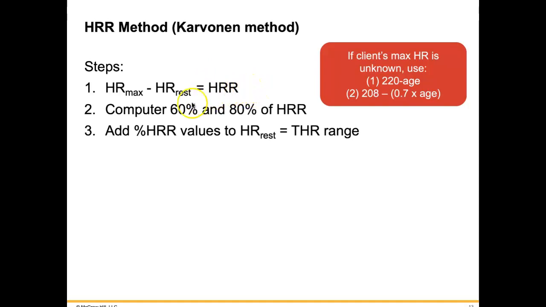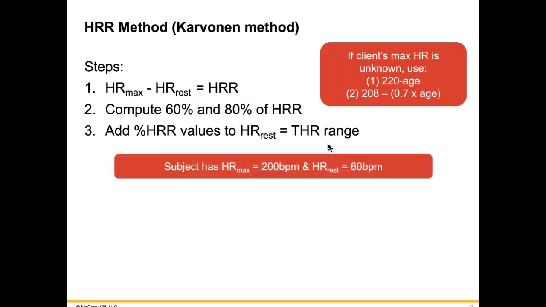Now we want to compute 60% and 80% of that heart rate reserve, and then we take those percentage values and add them to our resting heart rate, and that would determine our target heart rate range. So let's go ahead and walk through an example of that.